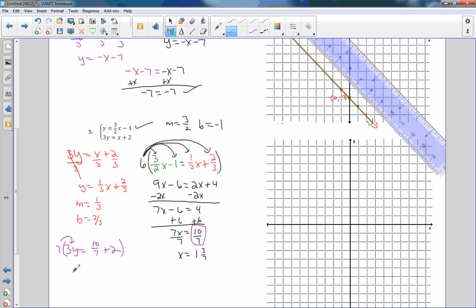I get 7 times 3 is 21y equals, the 7's cancel, I get 10, plus 2, actually there shouldn't be an x there, 10 plus 14, so 21y equals 10 plus 14 is 24, divide by 21, and I get 1 3/21.